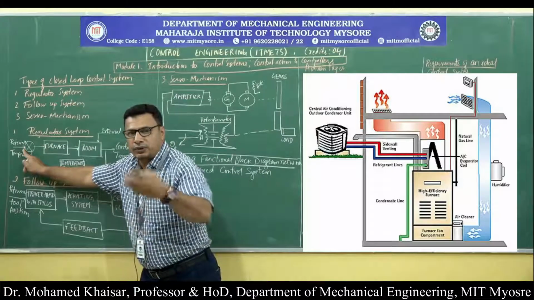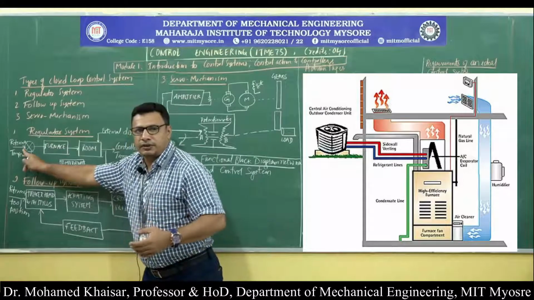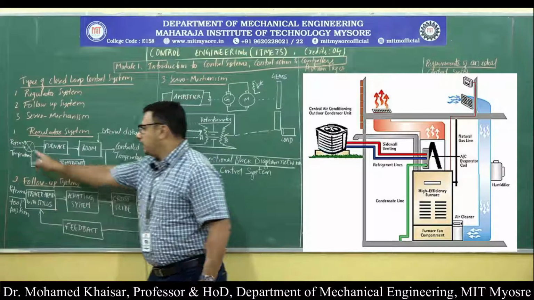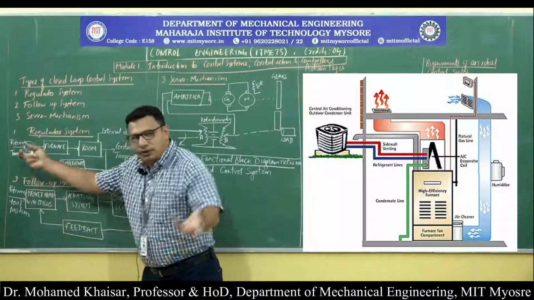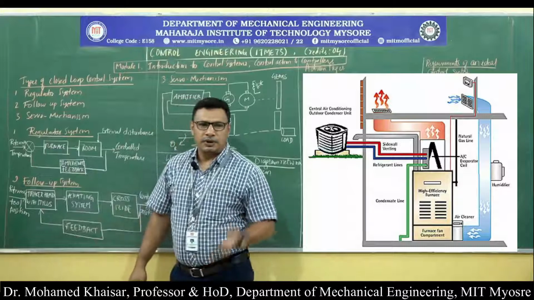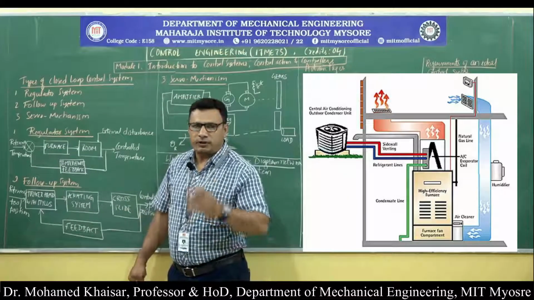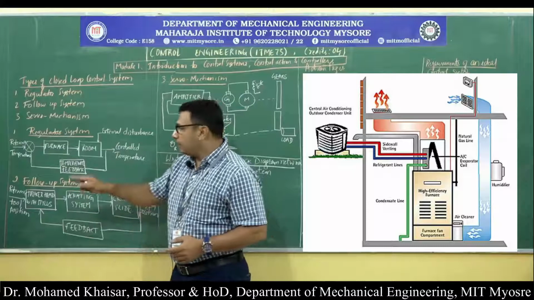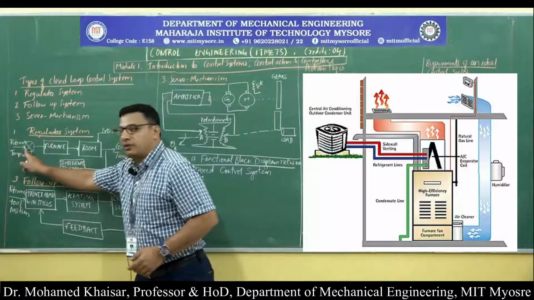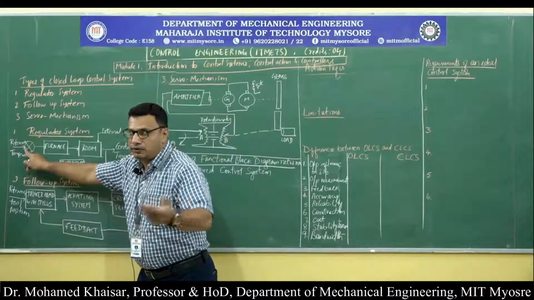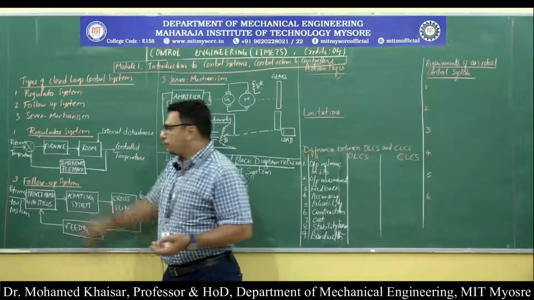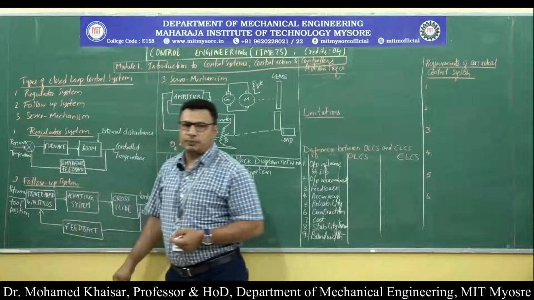We want 22 degrees centigrade as the room temperature. And as time passes on, this input is not going to change. What temperature we want inside the room is not going to change. Over a period of time we don't change the temperature we want inside the room. So the input is not going to change with respect to time.